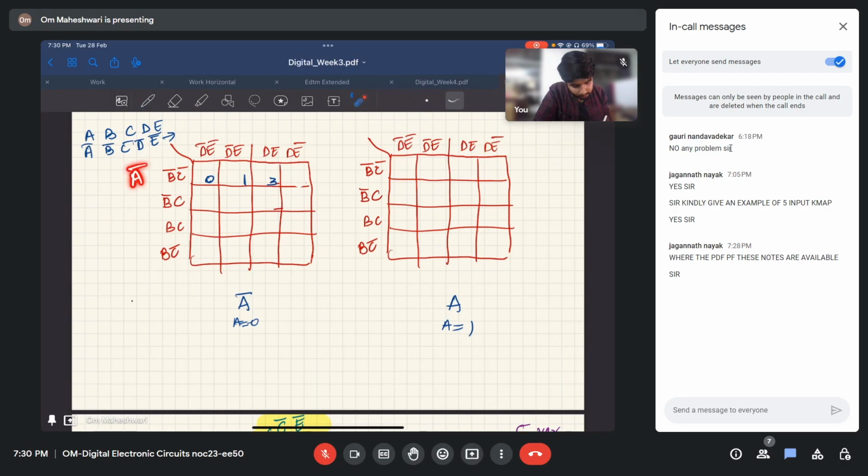Then A bar, B bar, C bar, D, E bar. That is 2. Similarly, just how you used to fill 4, 5, 7, 6, 9, 11, 10, 12, 13, 15, 14.